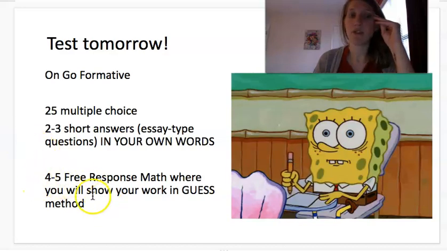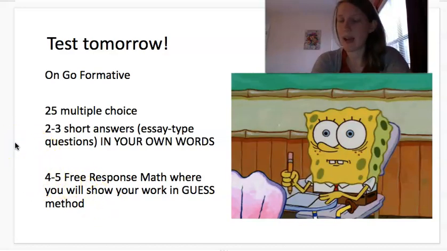And then, of course, the free response math. Now on Go Formative, it has the ability for me to ask you to upload a picture of your actual work, okay? Again, if I notice that you have the exact same picture as somebody else's work, that's not okay, and both of you will get a 0 on that, okay?